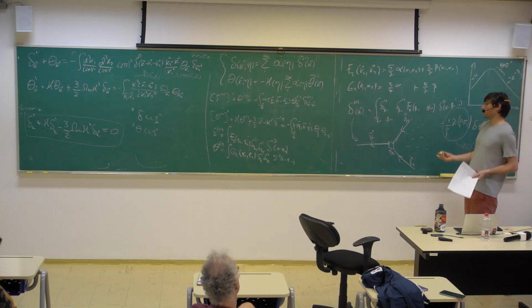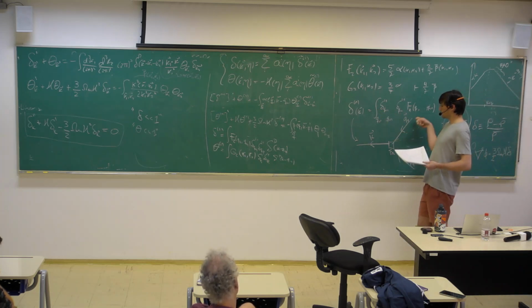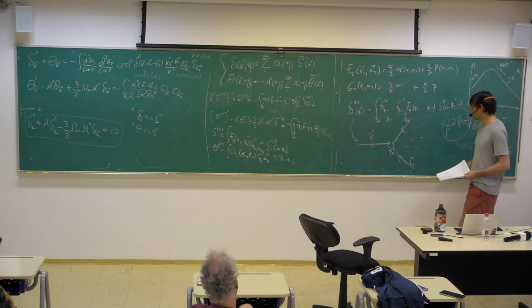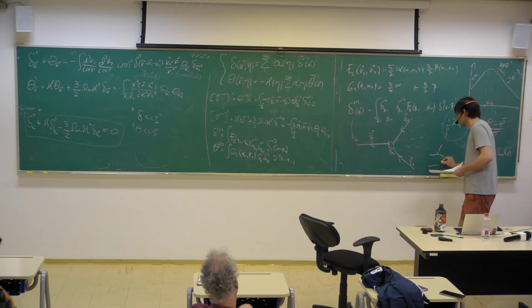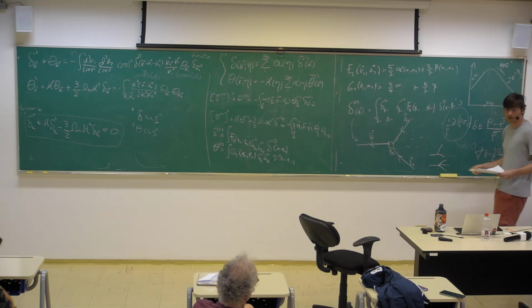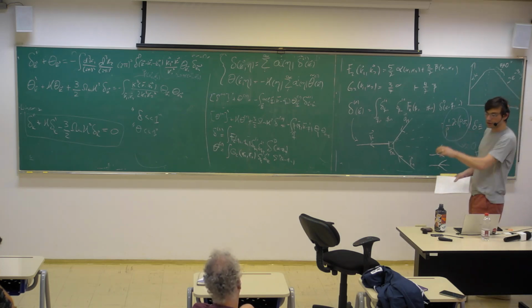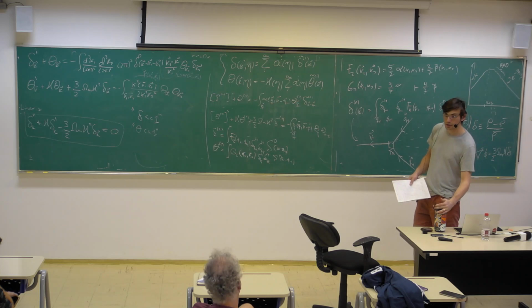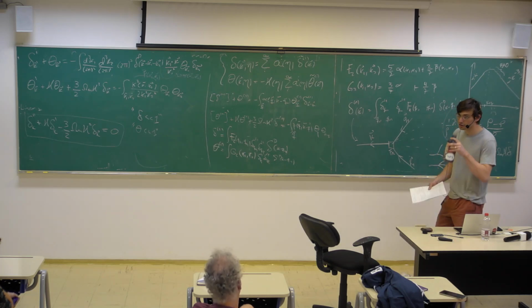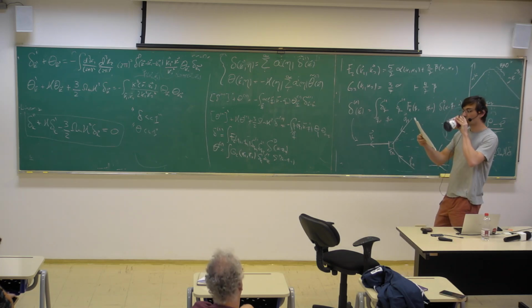So delta 2 is going to have 2 legs, delta 3 is going to have 3 legs. You get something that looks like this, something that looks like this, and so on and so forth. And now I'm just going to completely ignore any solutions for theta, because that only matters when velocities matter in the problem, but I want to compute the power spectrum of density fluctuations. These q's are integrated.